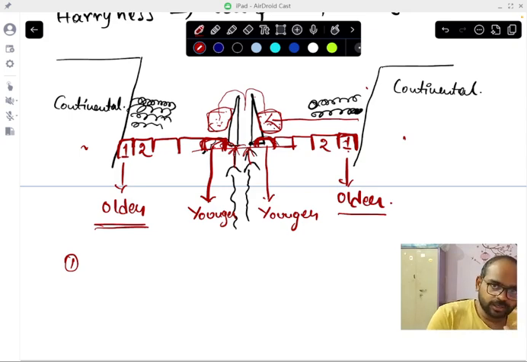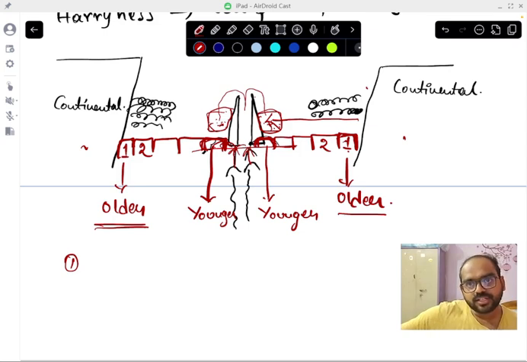Seafloor spreading also says that rocks closer to the mid-oceanic ridges are younger. As one moves away from the mid-oceanic ridges towards the continents, the age of the rock increases. I just taught that due to convection currents and development of the crusts, the separation of the continents happens, so rocks closer to the oceanic ridges are younger.